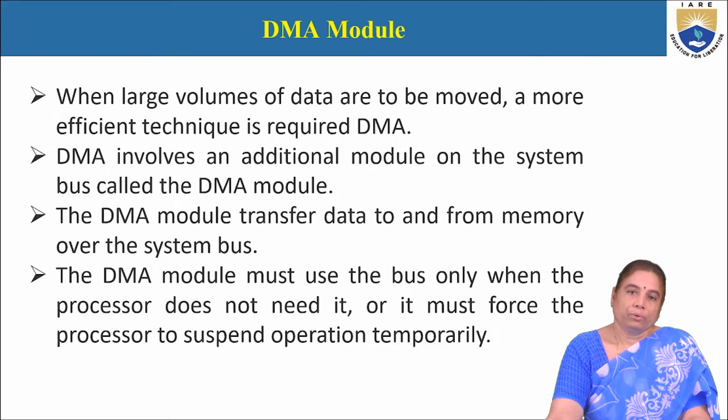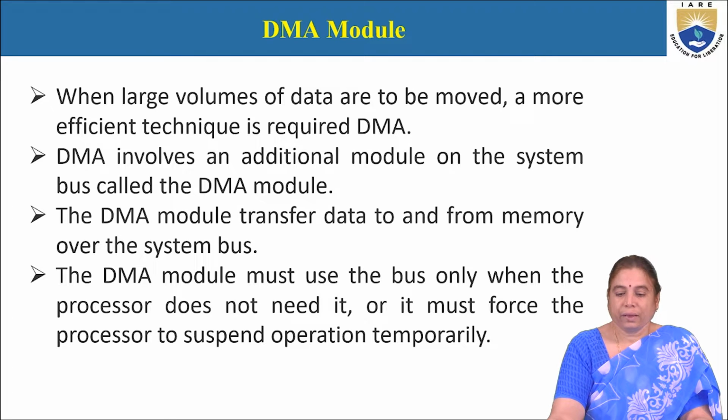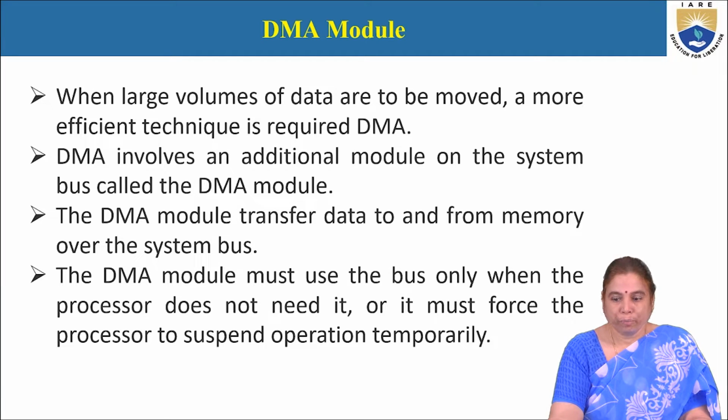To achieve this data transfer, a DMA module is required. When a large volume of data is to be moved, a more efficient technique is required, that is DMA. When voluminous data has to be transferred, DMA can be used.